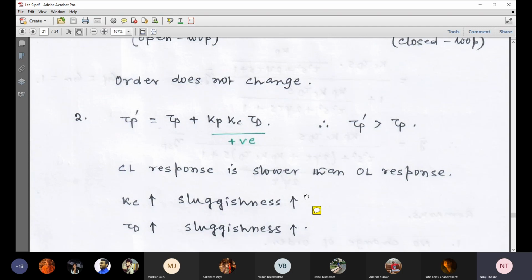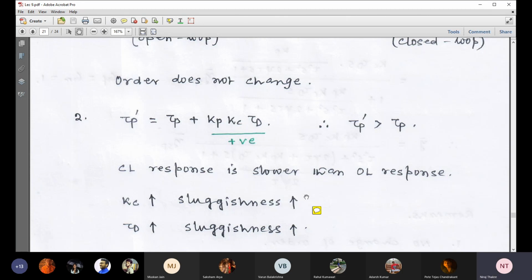Second remark is this one. In equation 14, we got tau p prime equal to tau p plus Kp Kc tau d. In this equation, all the terms are positive, if you consider Kp Kc a combined term.